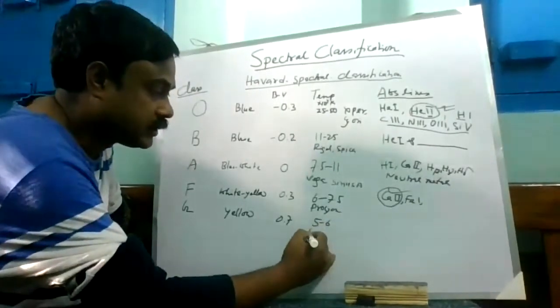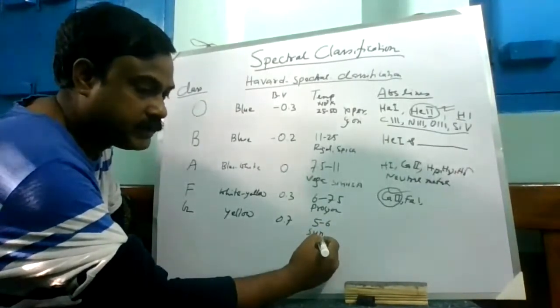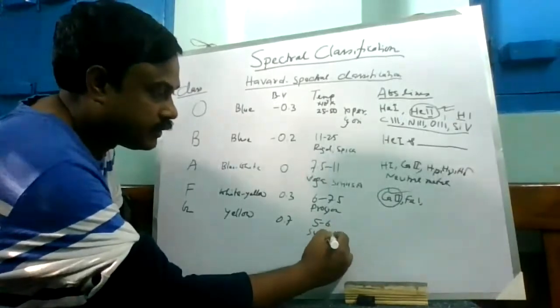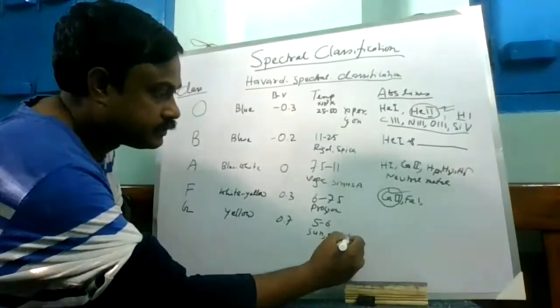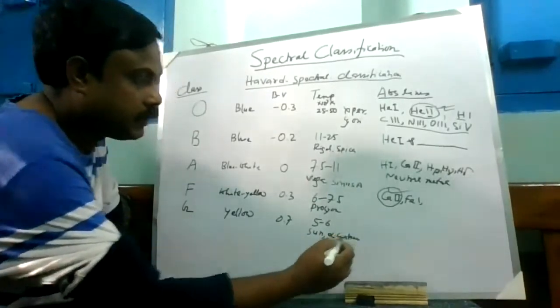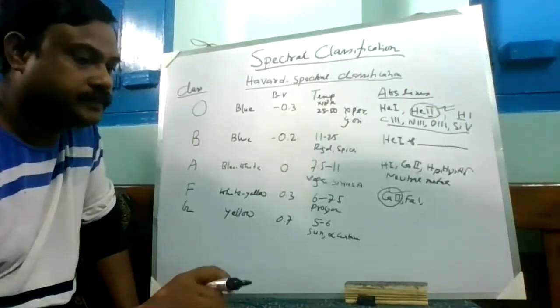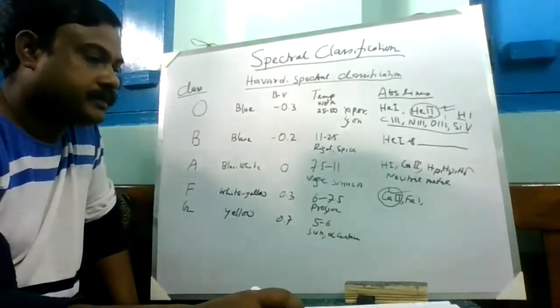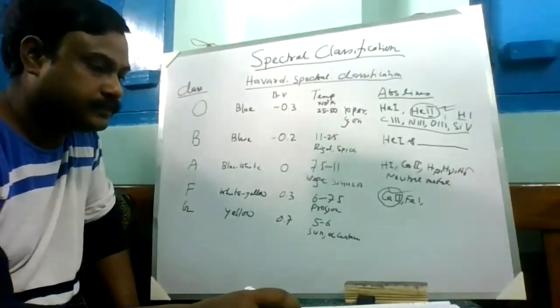Examples are the sun and another is Alpha Centauri. Alpha Centauri is the brightest star in the constellation of Centauri. So these are the G-type stars.